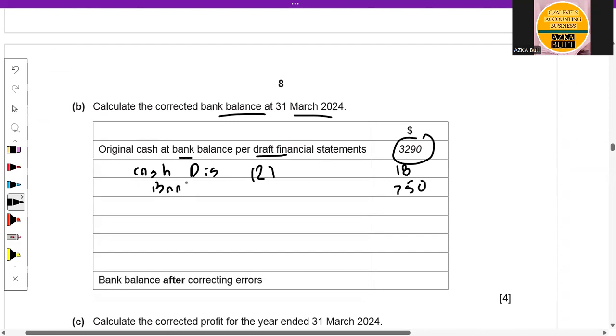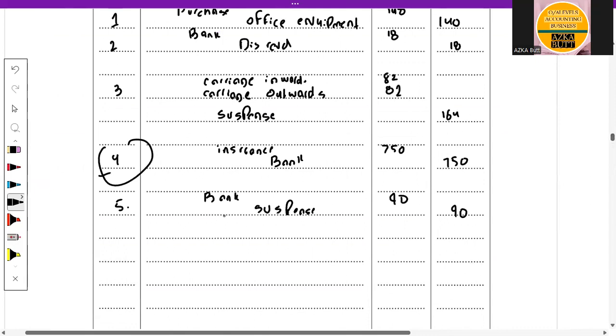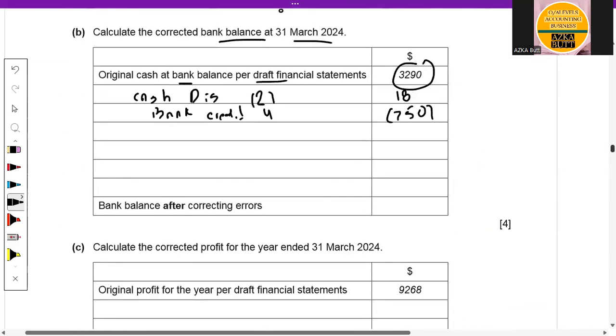So bank credit, error 4. And the next error would be error number 5. As you can see, the bank has increased here, debit by $90, so we have to add back $90 here.